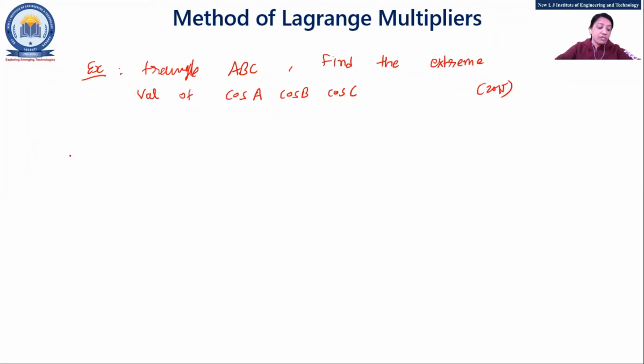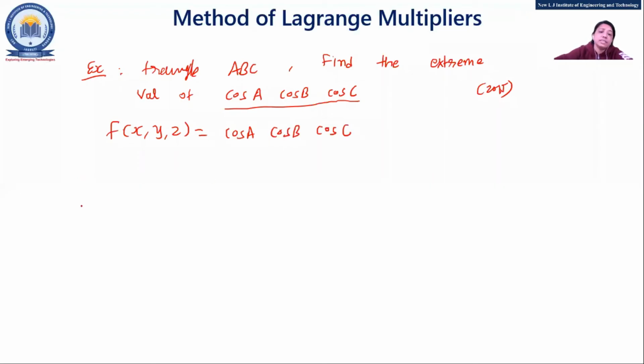Fine. Now how are you going to do that? This is the function. They have given, find the extreme value of. So always we find the extreme value of a function. So we can take f(x,y,z) equal to cos A, cos B and cos C. Now what is the relation? We required some relation between A, B and C. Okay, that is one mistake I have done.